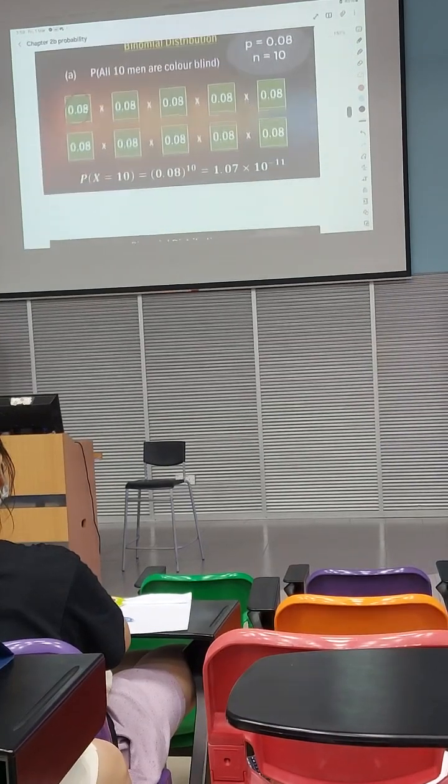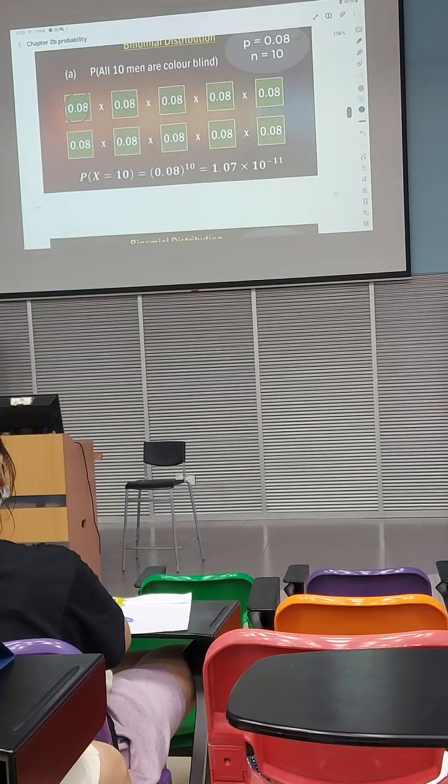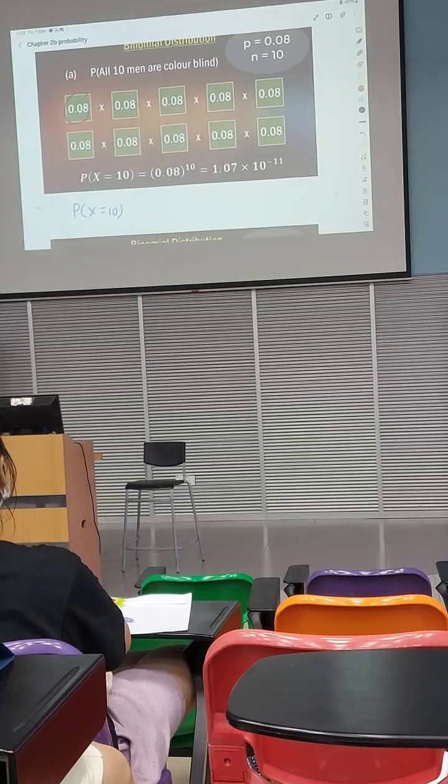If we substitute into the equation, x equals 10 because they want 10 men who are colorblind.